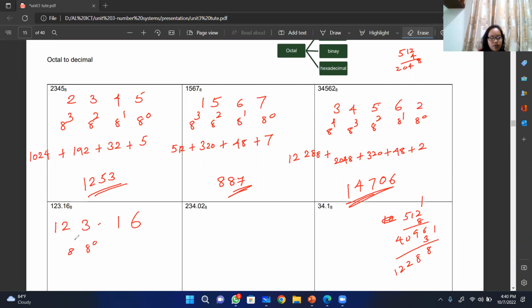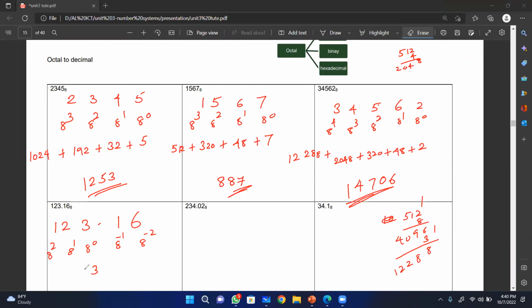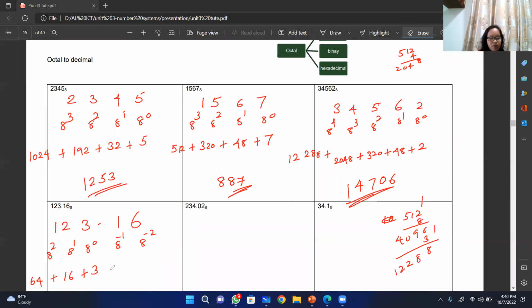8 to the power 0, 1, and 2 here. 8 to the power minus 1. Plus 3 plus 16 plus 64 plus here the negative. 8 to the power minus 1 means 1 over 8. That is 0.125.